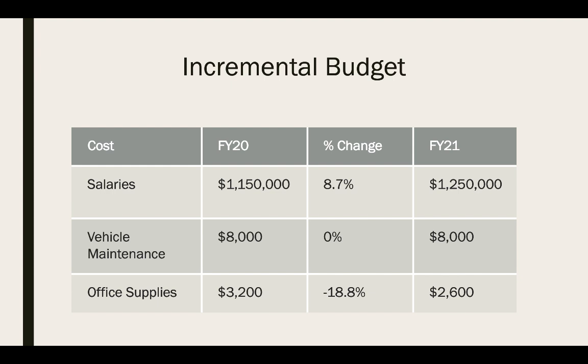In my office supplies, a negative 18.8% change. In maintenance, I'm not predicting any change. So it's just a difference in the frame of things. I'm still predicting my costs, I'm just basing it on the predictive change in those costs.